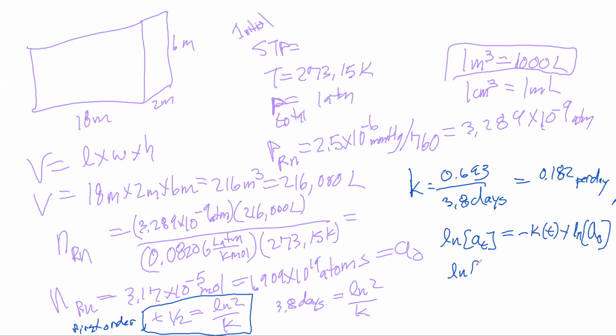So we have ln of A_t equals negative 0.182 times 31 days, which is what they said we have, plus the ln of 1.9 times 10 to the 19 atoms of radon. I'm just going to consolidate those a little bit.